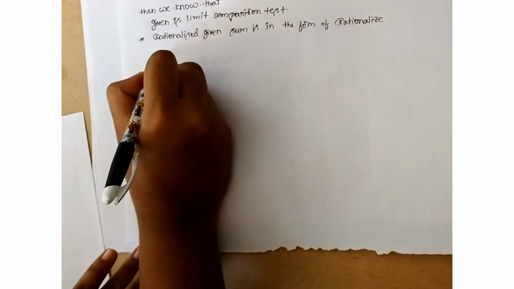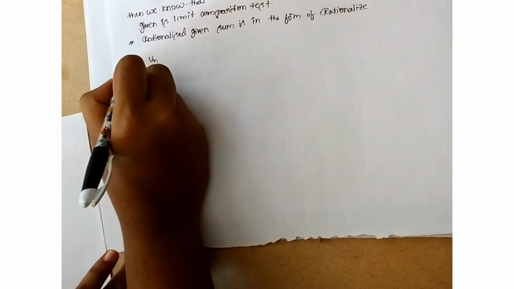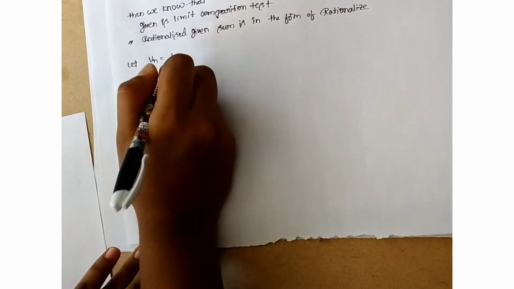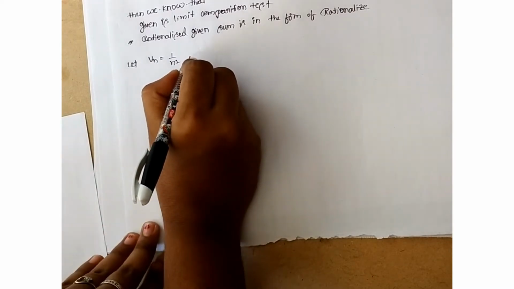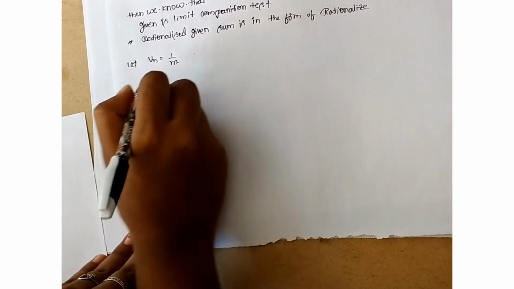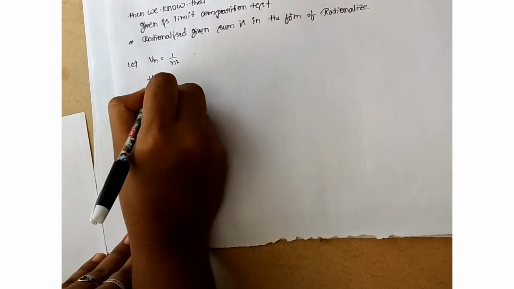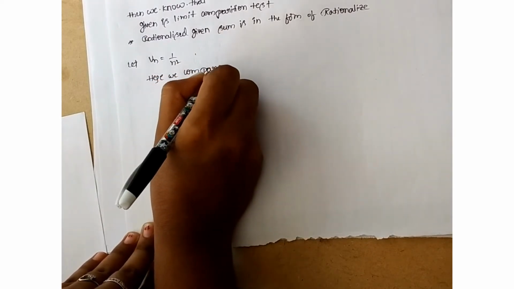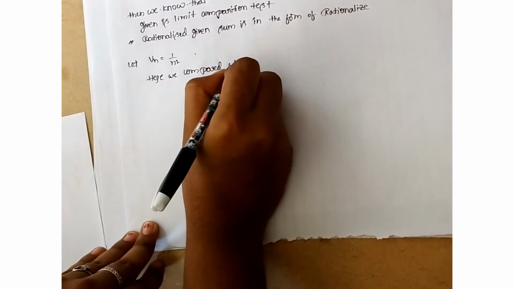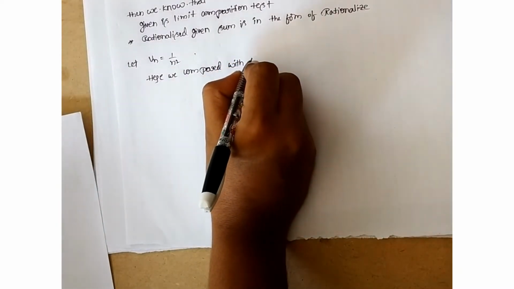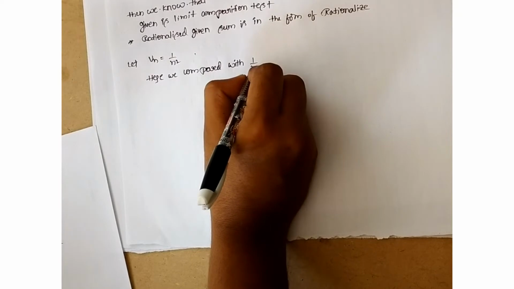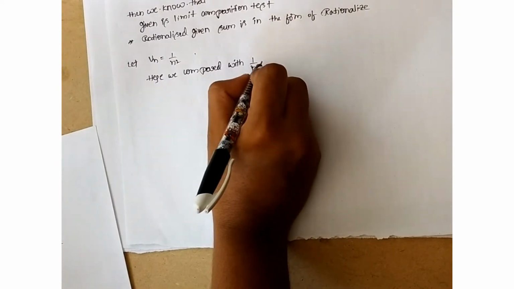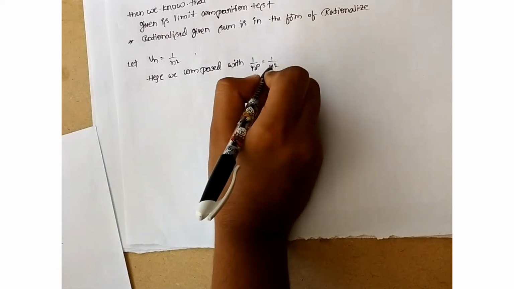Then we take Vn, let Vn equal to 1 by n square. Here we compare with 1 by n power p, 1 by n square.